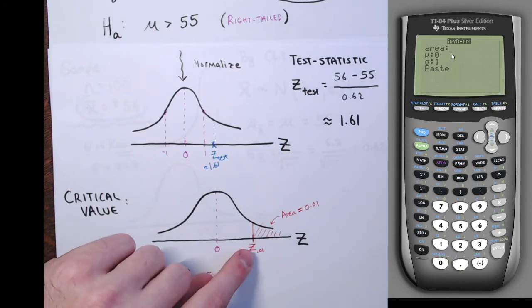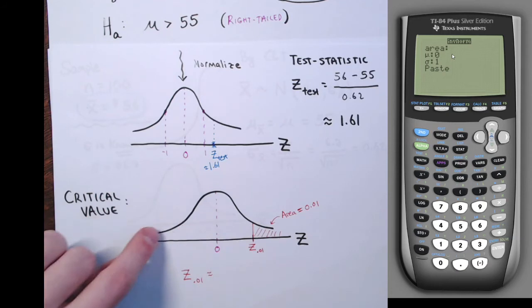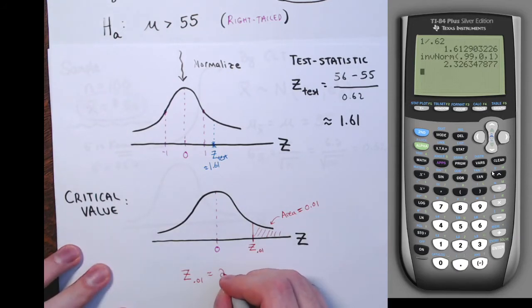So if I want the z-score with 1% above it, that's got 99% below it. So I'm going to enter 0.99, then mean 0, standard deviation 1. It's approximately 2.326.